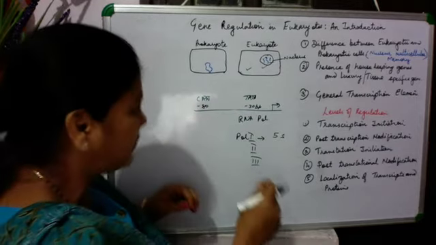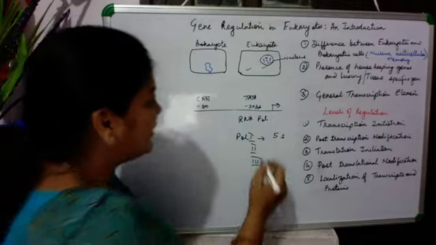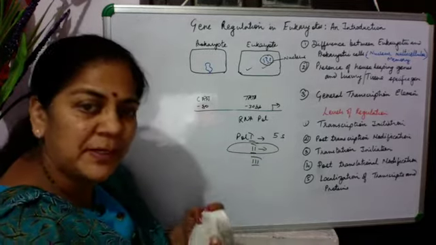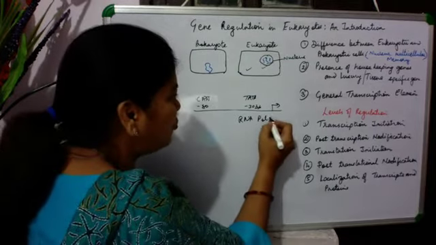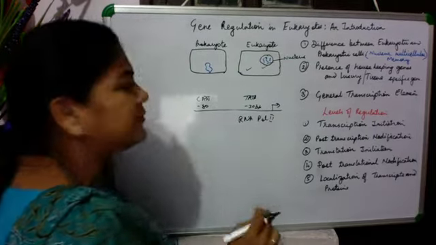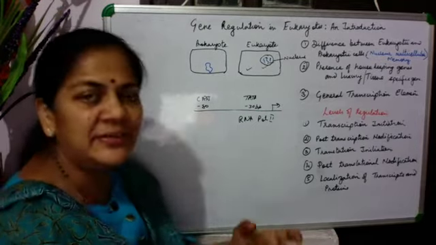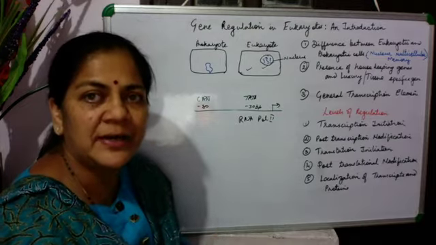When we talk about general transcription elements, we refer to the elements which govern transcription by RNA polymerase 2. Now RNA polymerase 2 will not come and bind at -30 on its own. It needs an additional set of factors which help in stabilizing the RNA polymerase.